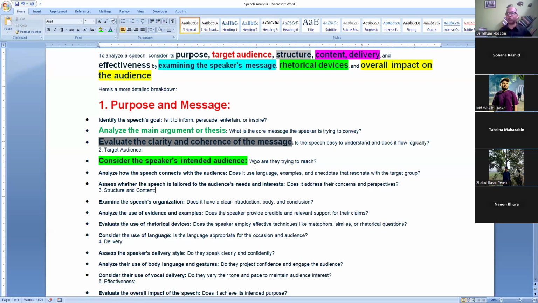Suppose you are addressing an illiterate audience, the audience who do not know how to read and write. So you are addressing them. You have to speak in their language. You need not speak standard Bangla or standard English. You have to speak in the language that they usually speak.